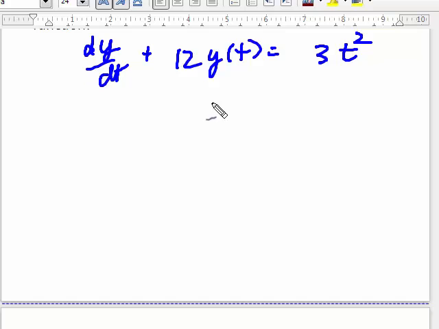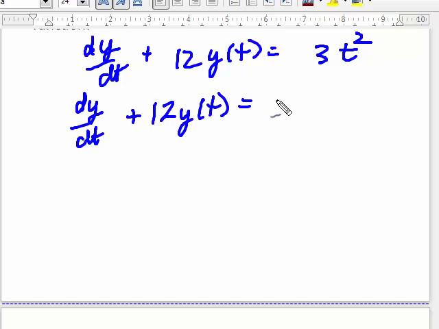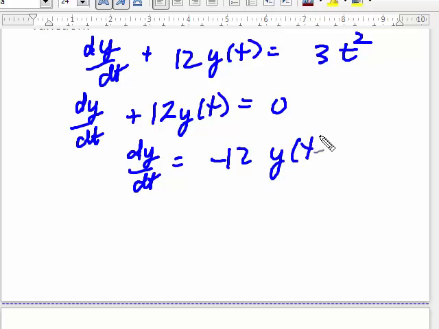Alright. So first I look for the complementary solution. And the complementary solution here is just obvious. You should be able to see that in no time at all, because what derivative would be the same as the function? Only the exponential is the same as the function. And why would you have a constant in front of it? Because of the chain rule.